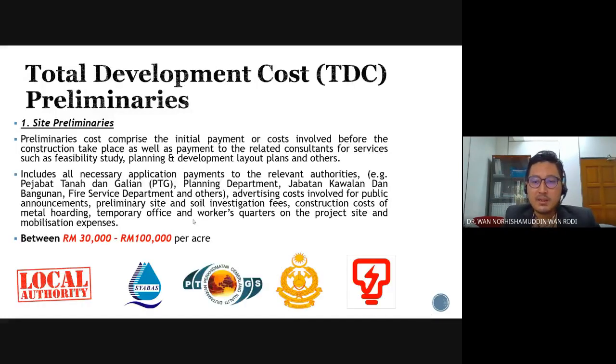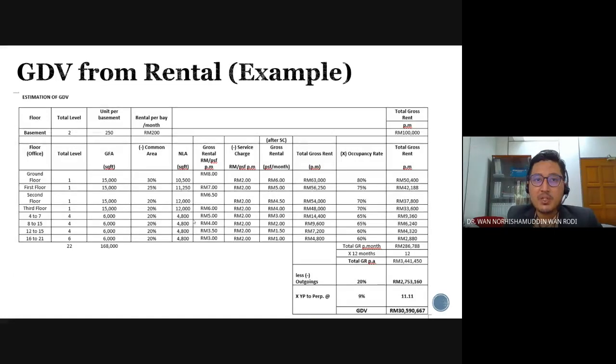Okay, next. Apart from the gross development value in a development project, we also need to estimate the cost involved, or the capital spent for the investment within the project.